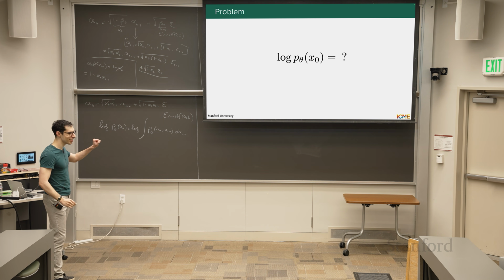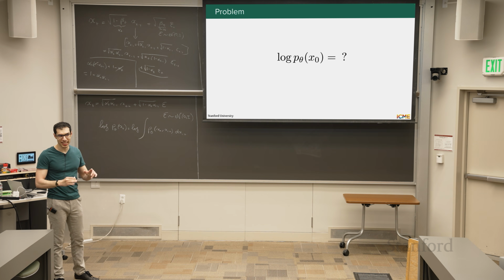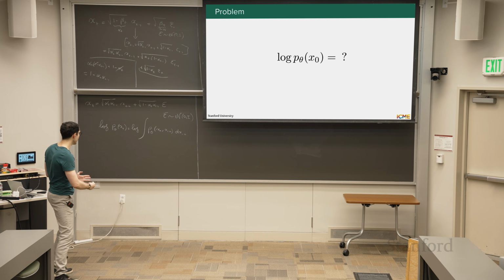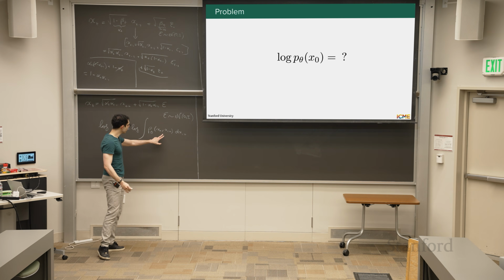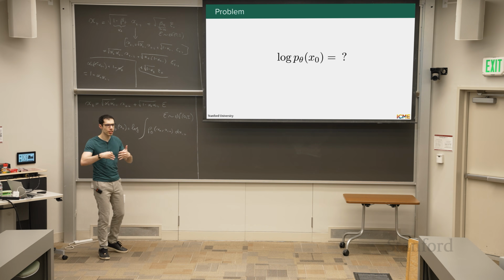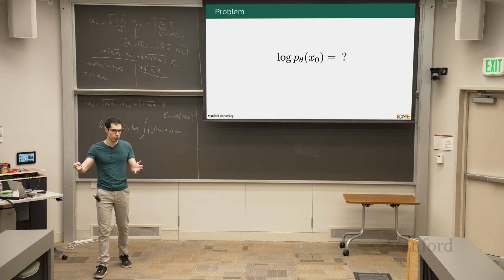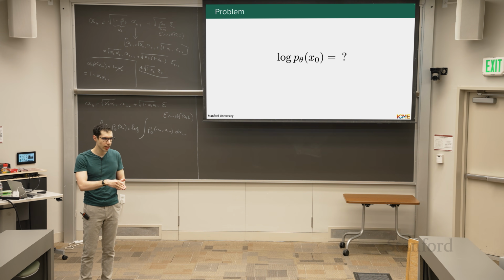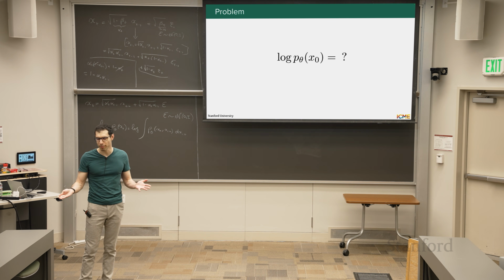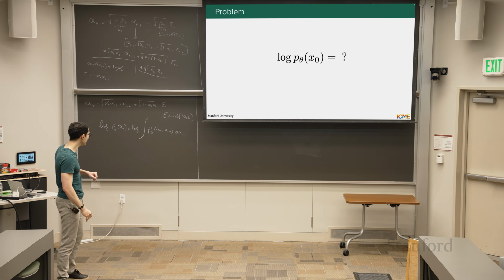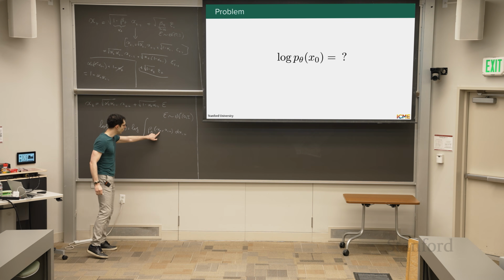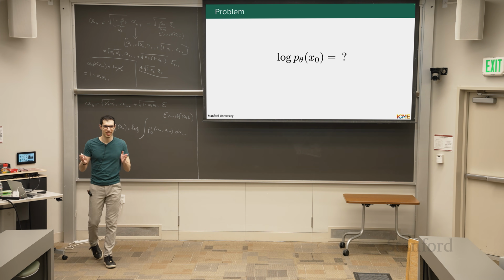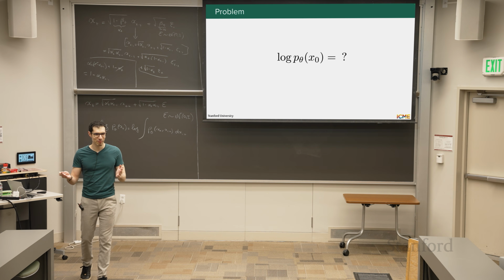So the problem with this formulation is that it's actually something we cannot compute. Because here we're saying, let's marginalize, let's sum across all possible trajectories from noise to clean image. The problem is there are many of them. And then these x's, we saw that these are vectors, and they can be pretty big.